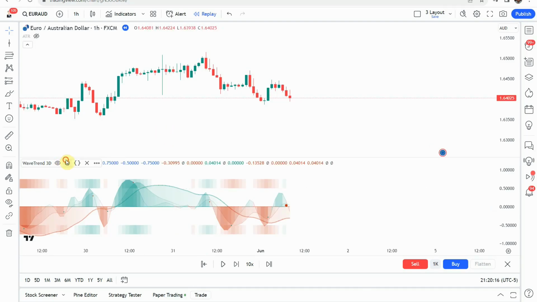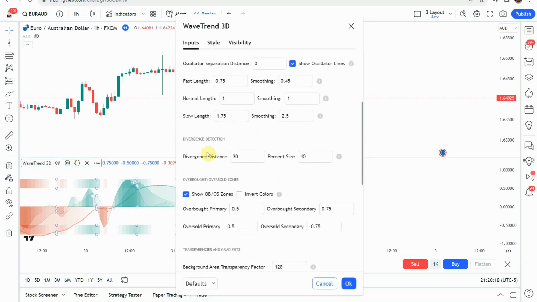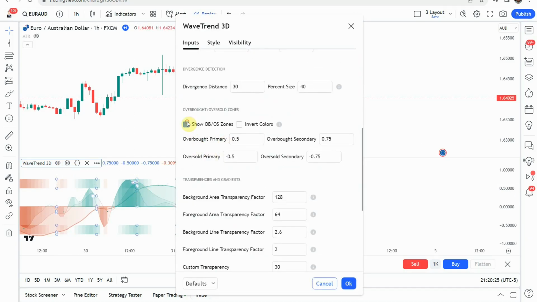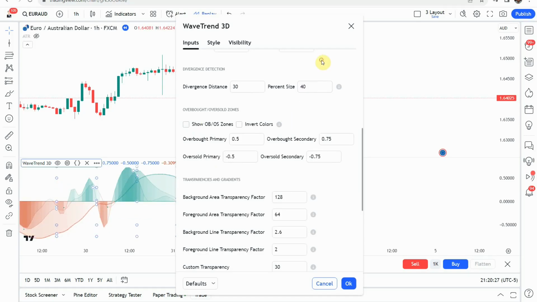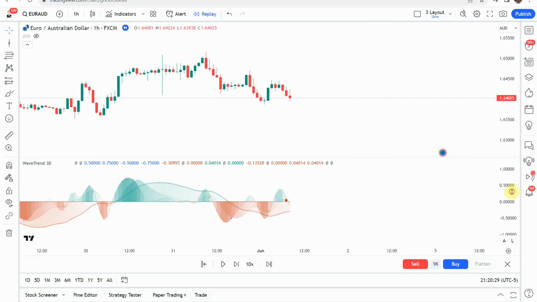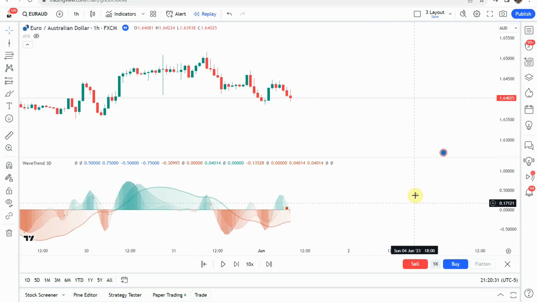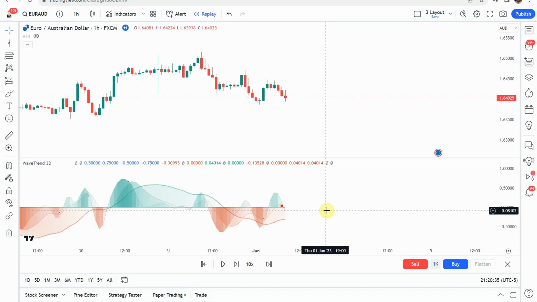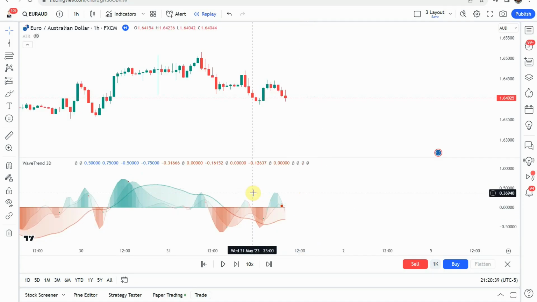Now, interesting enough, in the trading strategy, they didn't actually use the overbought or oversold zones, so you don't technically need to have that on. If you turn that off, it looks like this right here, and it just takes away those bands at the top, which again were the overbought and oversold, similar to something like the RSI, if you will.